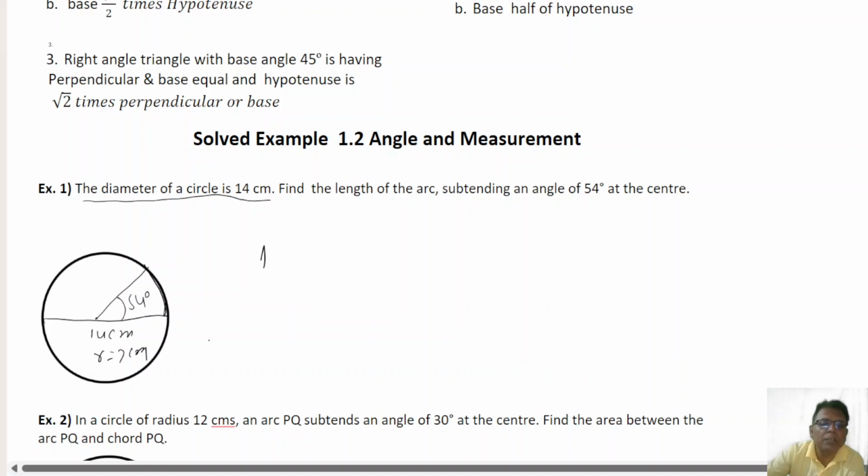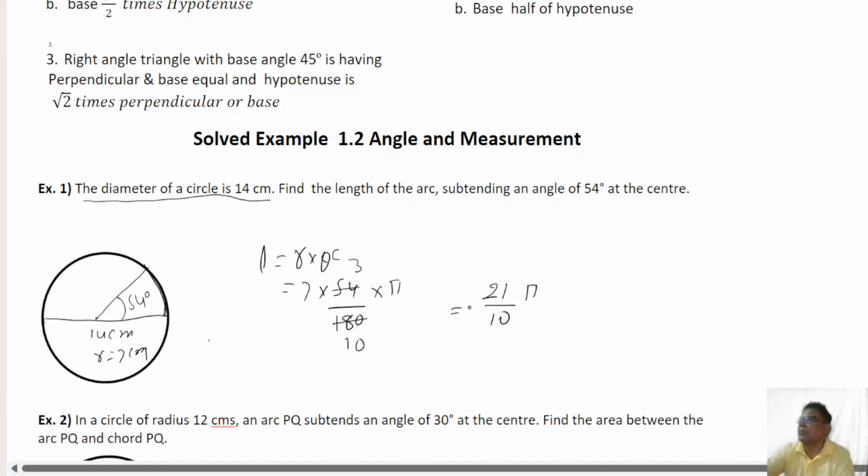So arc L is equal to r into theta. So r is 7. Theta has to be in radian, 54 by 180 into pi. So it is 21 by 10 pi.